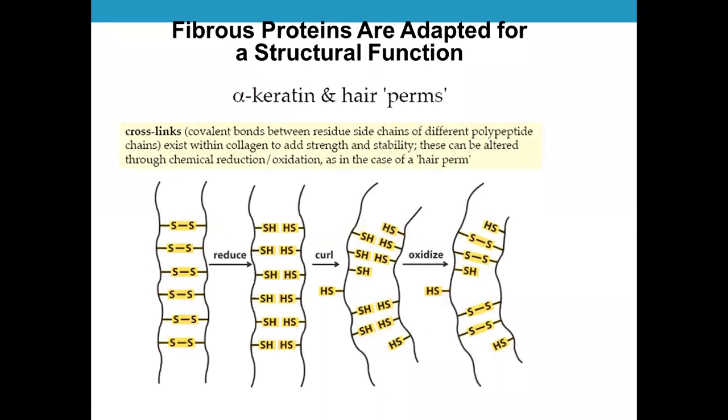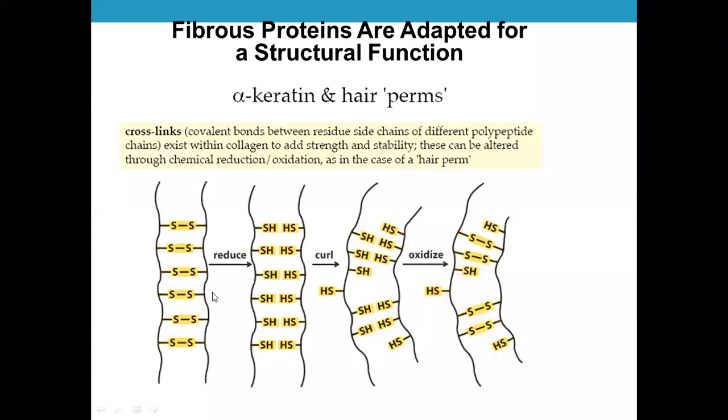And I have already mentioned that the alpha keratin is the basis of perming your hair, making it curly. You have your cross-links, the covalent bonds between residue side chains of different polypeptides.